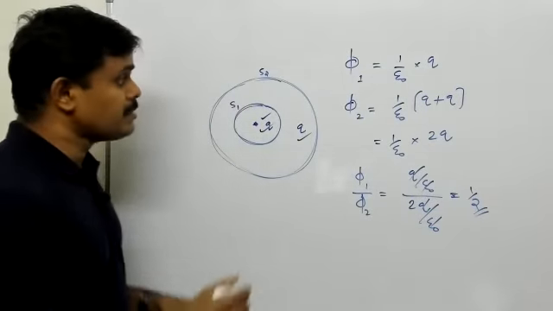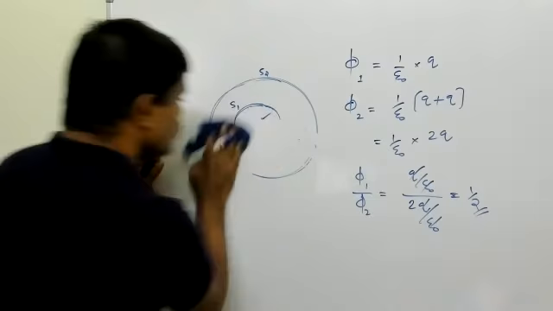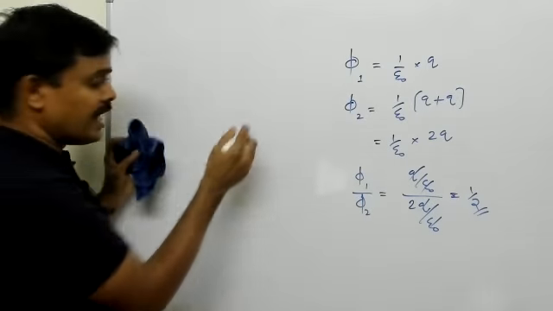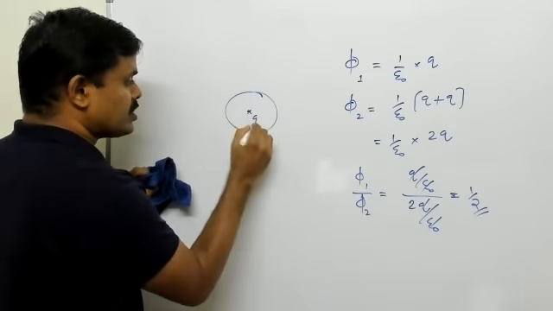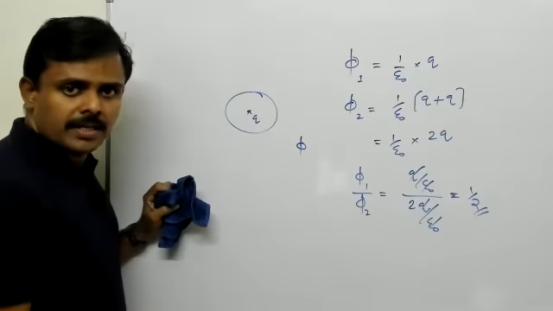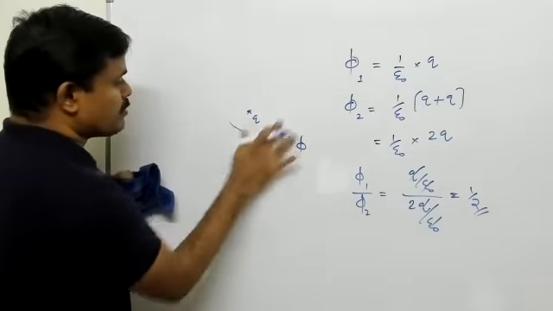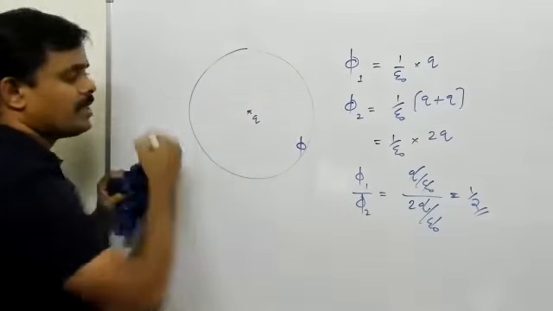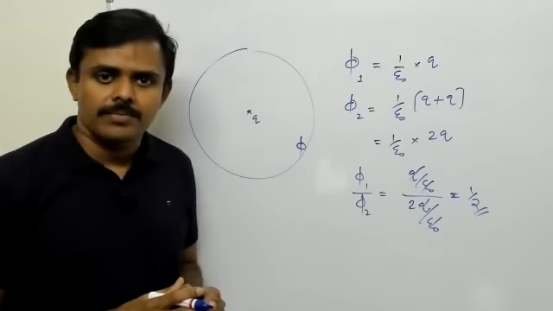I'll do that in the next class, but I'll tell you one question. You know, if I have a sphere here which has a charge q, flux coming out of it is phi. If I make it a bigger sphere of double the radius, even now the flux is same.